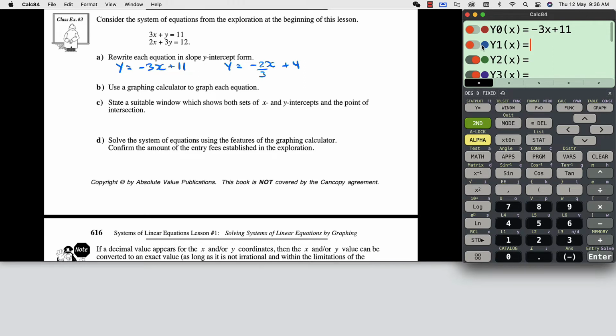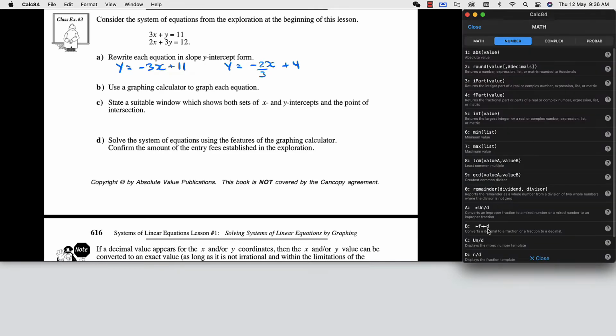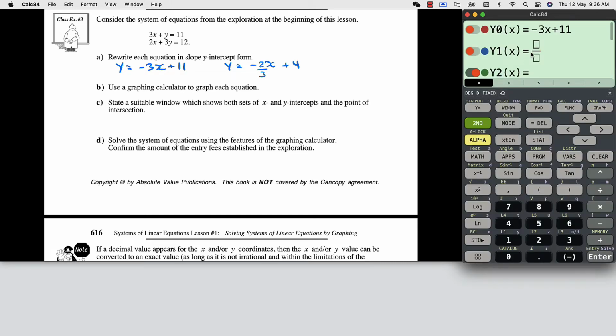Negative 2 over 3, so I want to get a fraction in here. I believe it's math, fraction, things like that. So what's the top? A negative 2, and the bottom is a 3, and we have an x right there. So negative 2 over 3x plus 4.